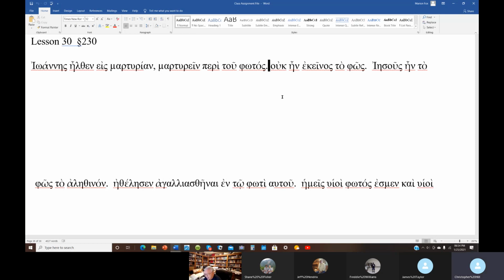Present. That's correct. Present tense infinitive. All right. He came to bear witness concerning the light. Okay. To bear witness concerning the light. All right. Oh, very good. Any questions, anybody? Now that we start here, James, can you go down to where the cursor ends?